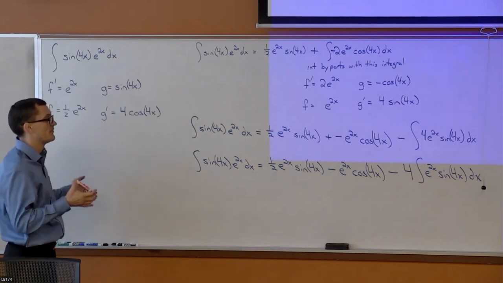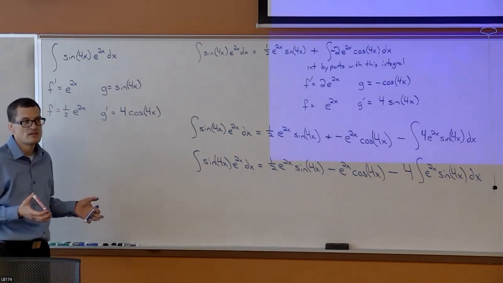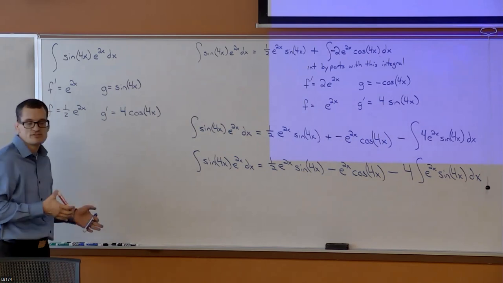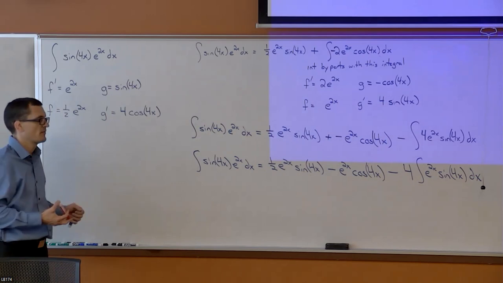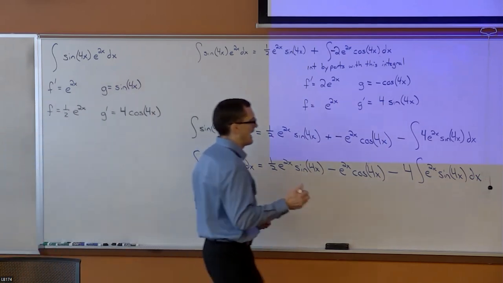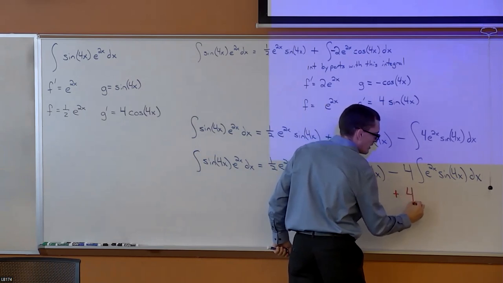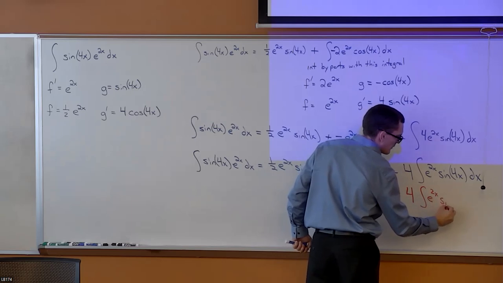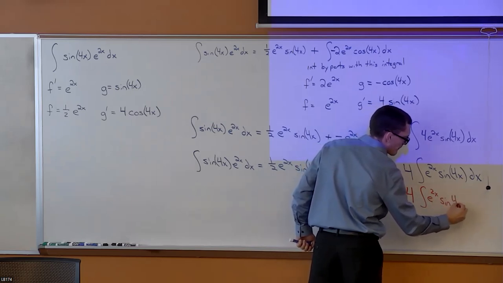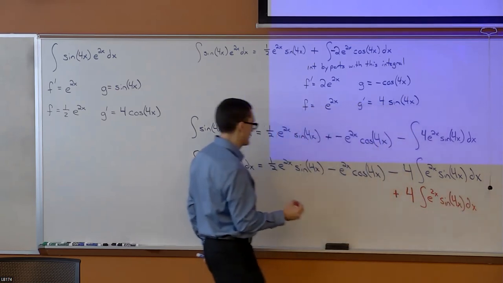And then, even though this is super messy stuff, from here on out, it's just going to be basic algebra. Okay? I'm going to add 4 times this integration to both sides.